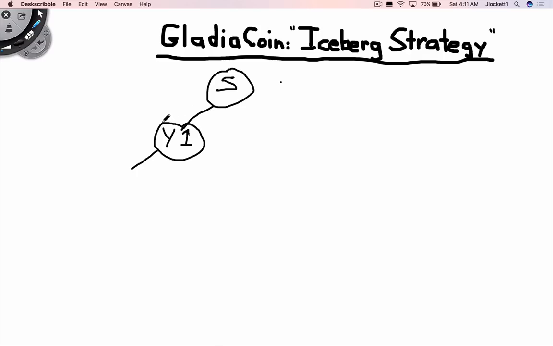Now, let's talk about you. You want to build this up, and you're going to want to set a structure in the iceberg strategy. If you remember the visualization, this is the surface of the water. You've got a certain amount here, and then the iceberg is below the surface, and that's really what we're going to be talking about here.